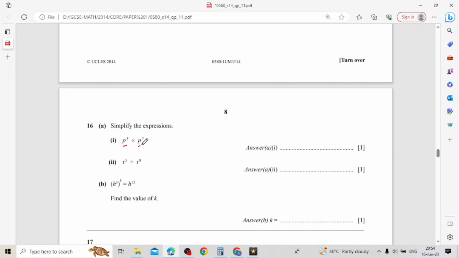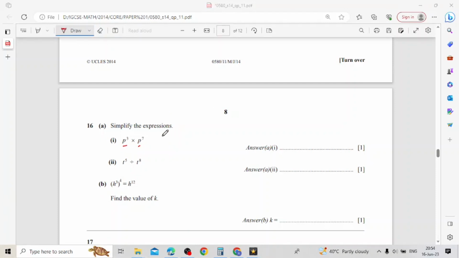Okay, the base should be the same, and between them an operation; these all together form the rules. So here, if they are multiplied, then the exponents are added.